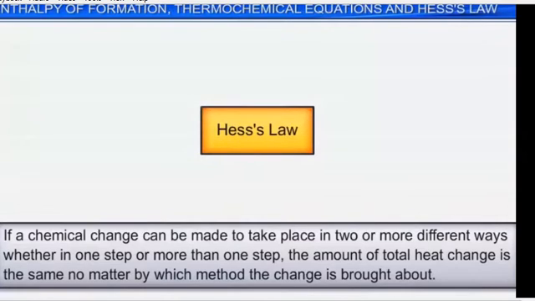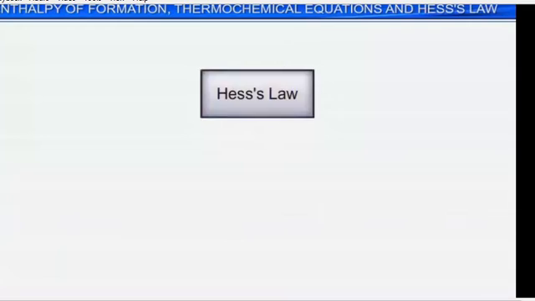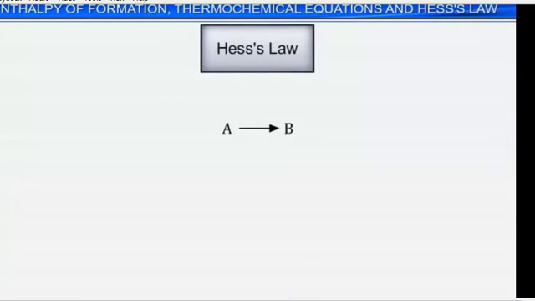Hess's law states that if a chemical change can be made to take place in 2 or more different ways, whether in one step or more than one step, the amount of total heat change is the same no matter by which method the change is brought about. For example, the enthalpy of an overall reaction A gives rise to B along one route is delta RH.